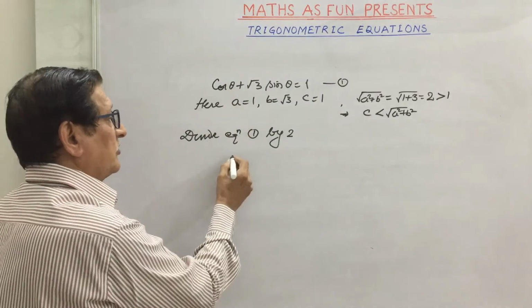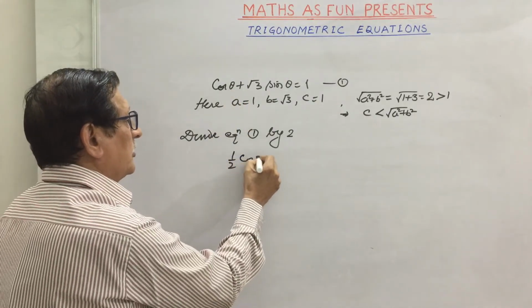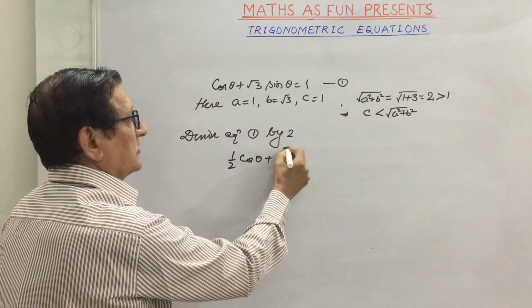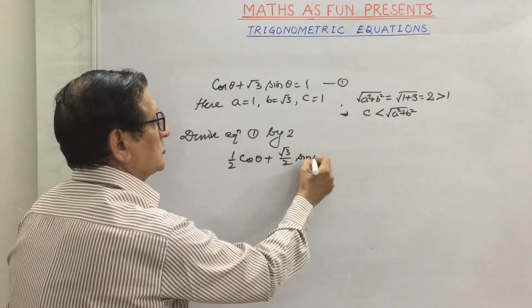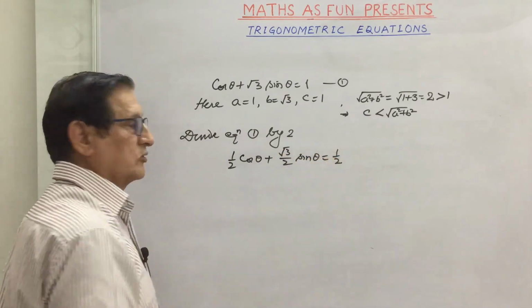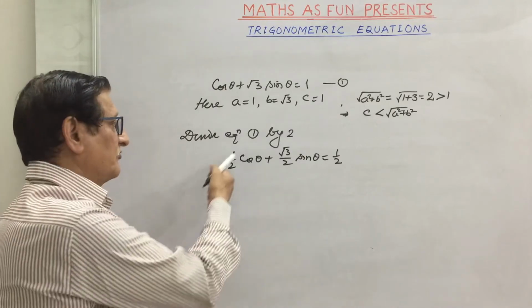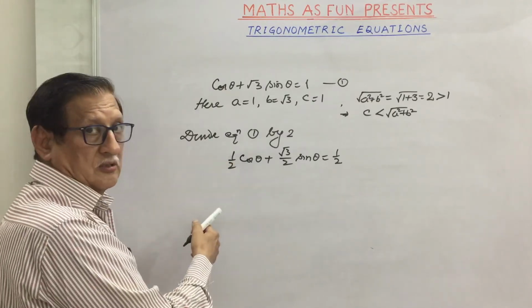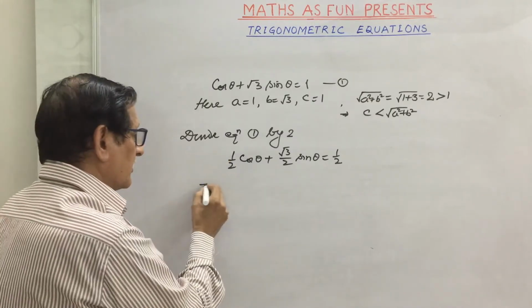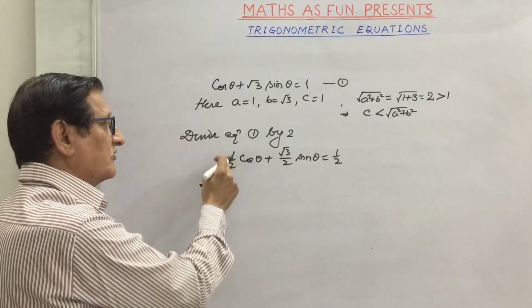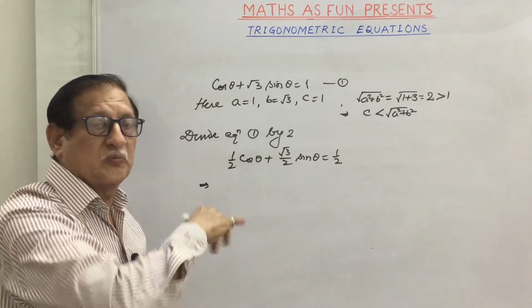Then equation number 1 becomes 1 by 2 into cos theta plus root 3 by 2 into sin theta equal to 1 by 2. As I told, we can consider this as cos theta or cos A. We can write here, we know that this is the value of cos 60, cos pi by 3.